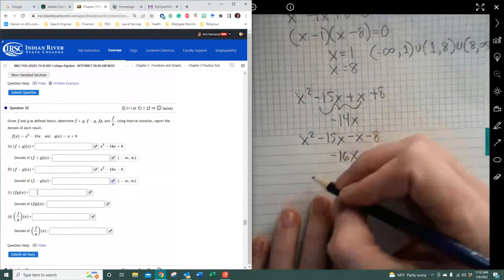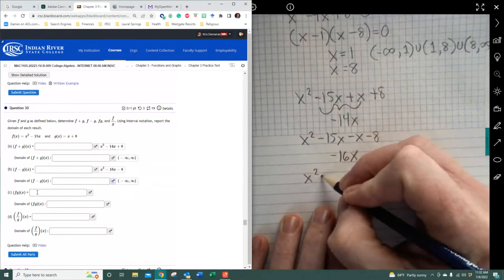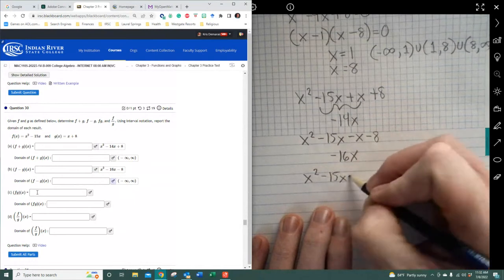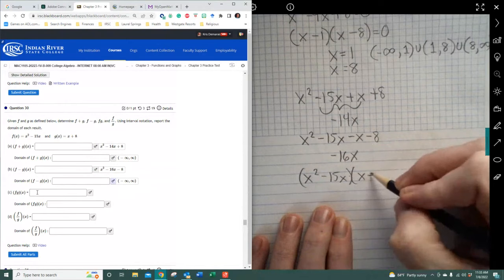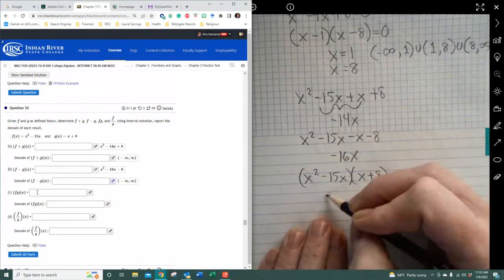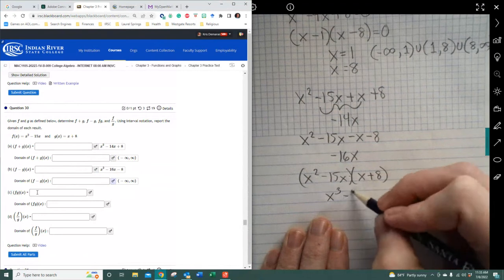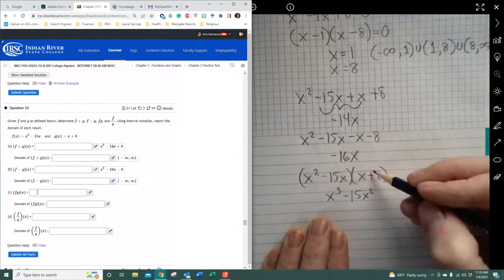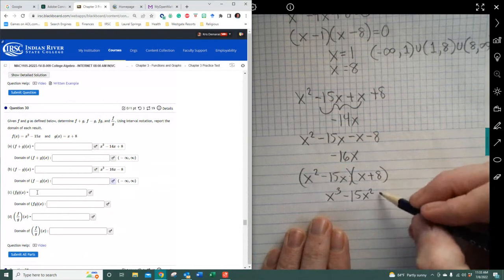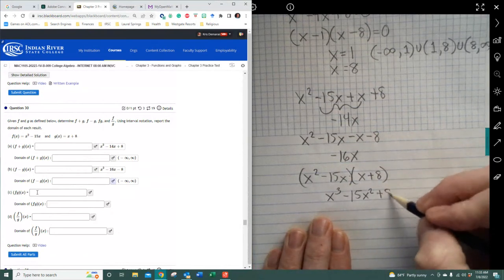The multiplication of this is defined as x squared minus 15x times x plus 8. And that's going to give us x cubed, and then we're going to get minus 15x squared. And then we're going to go ahead and get positive 8x.